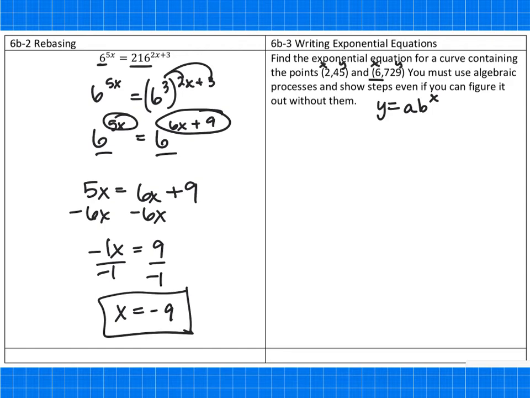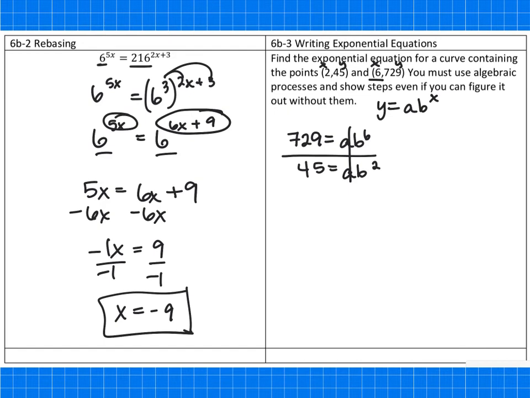I'm going to take the bigger exponent, make sure that one's on top. So I'm going to have 729 for my y equals ab to the 6th. I'm going to divide that by 45 equals ab to the 2nd. I want the bigger exponent on top so that I have a positive exponent when I'm done. First thing that gets eliminated, a divided by a is 1.